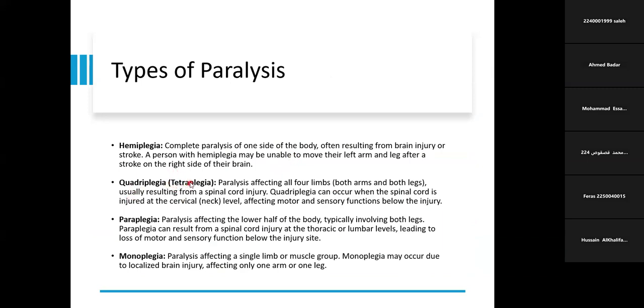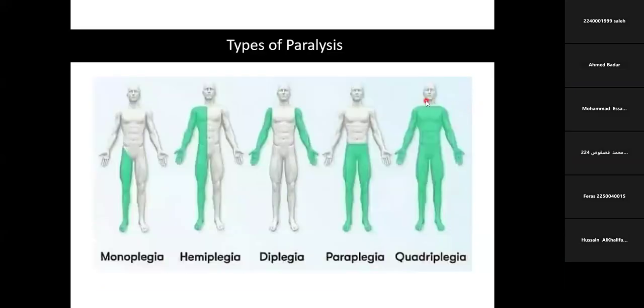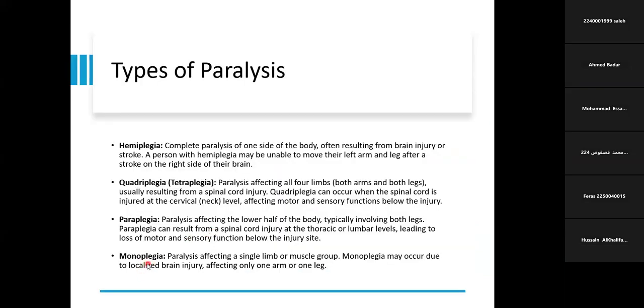Quadriplegia, also called tetraplegia, is paralysis affecting all four limbs. If you break the spinal cord from here, all four limbs are gone. Monoplegia is paralysis affecting a single limb or muscle group. Monoplegia may occur due to localized brain injury affecting only one arm or one leg. We did not write here diplegia, which is two arms or two legs, but it is rare.